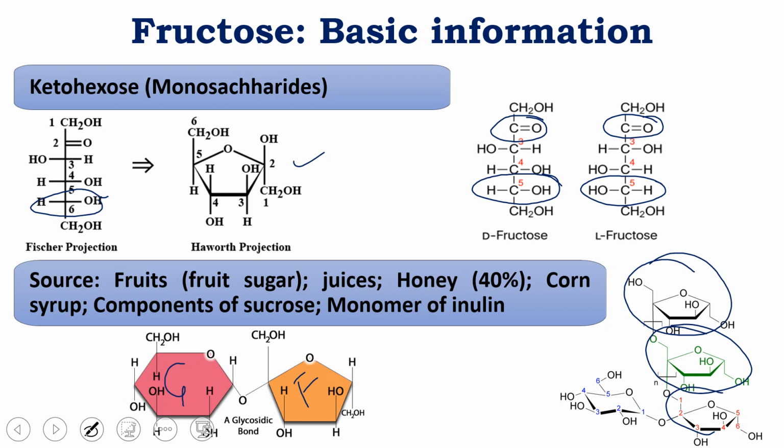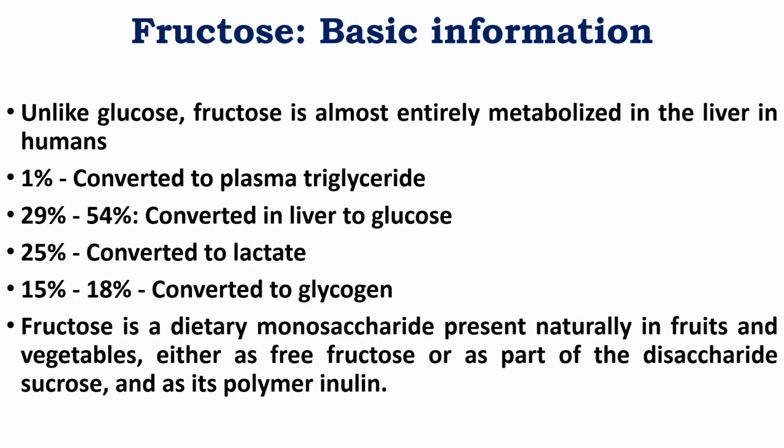Whatever we inject into the patient's body will be excreted. That is the significance of inulin. Remember, inulin is a polysaccharide composed of fructose, but if I write insulin with an S, that is a protein hormone in our body.